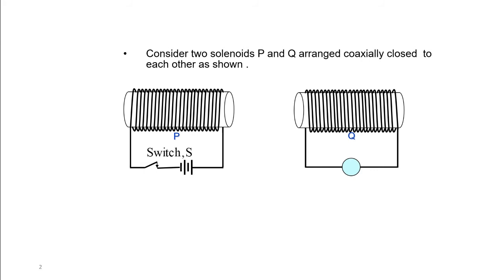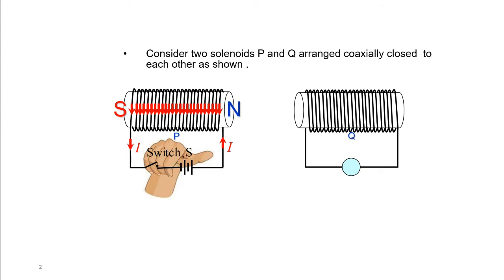At the moment when the switch S is closed, current begins to flow in solenoid P, producing a magnetic field inside solenoid P. Suppose that the field points towards solenoid Q. Based on the right-hand grip rule, we find that the flow of current in the solenoid will generate north and south polarity on the right and left sides respectively.